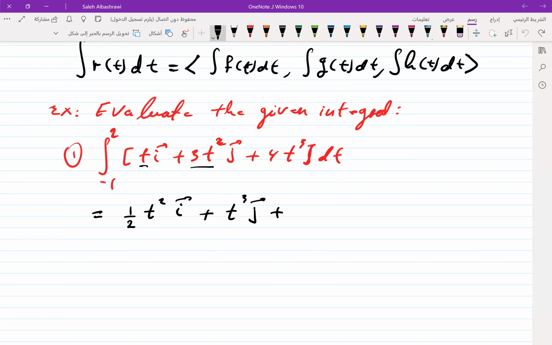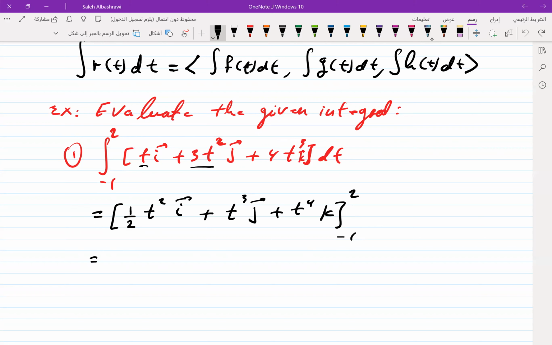This is k, I forgot to write k, which is t to the power 4 k. And the limit is between -1 and 2. I have to find now the value for each one for these limits. The final answer will be a constant vector. It is not a vector function.